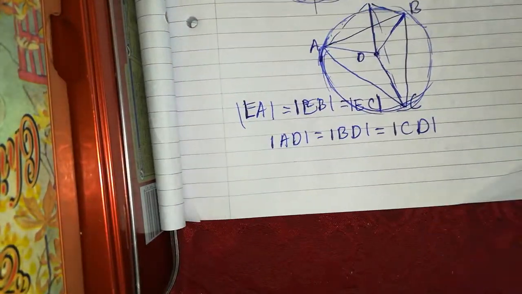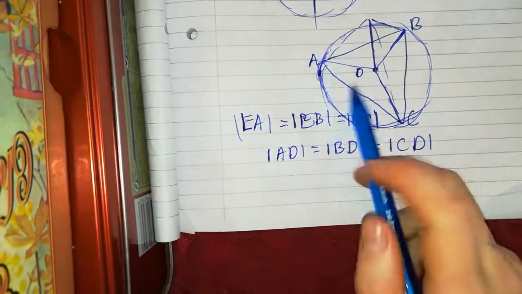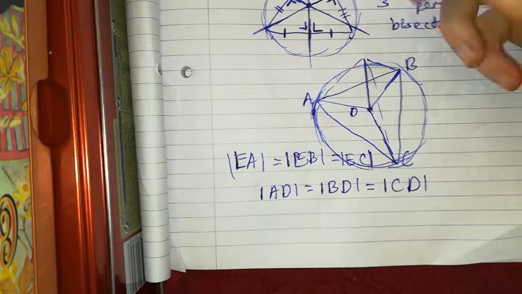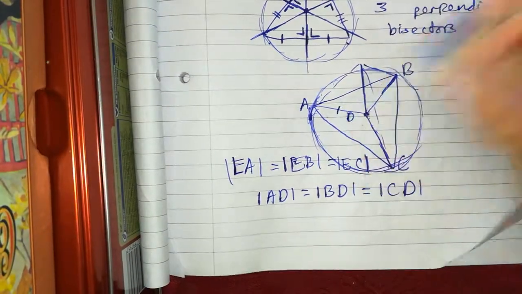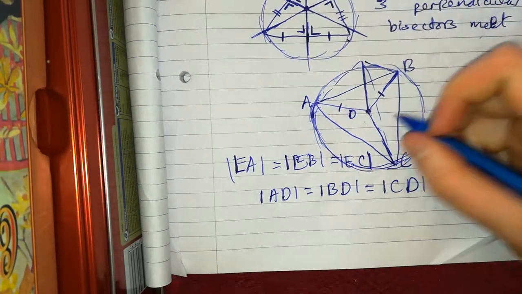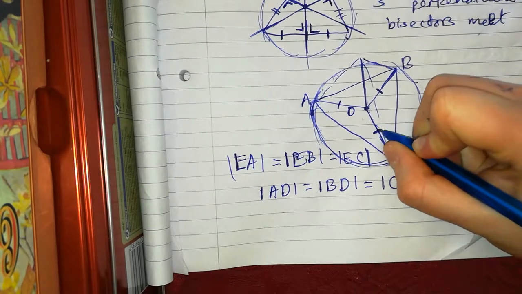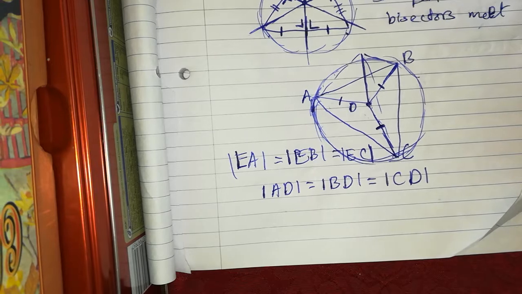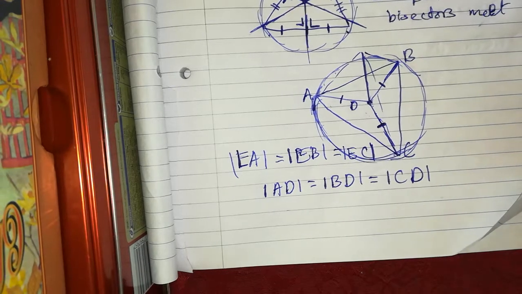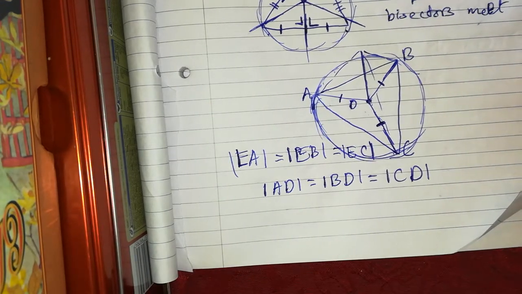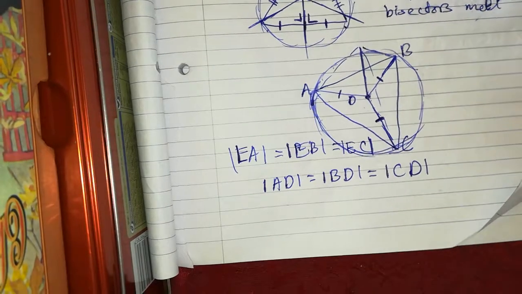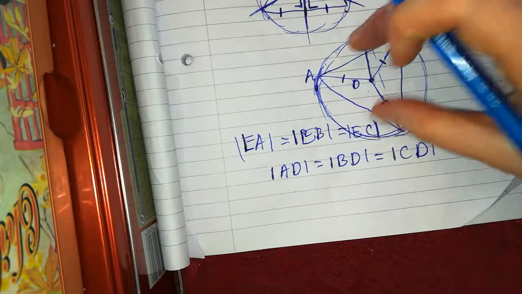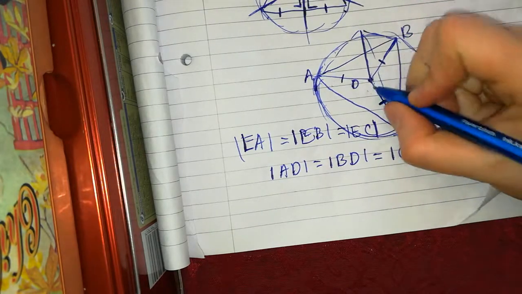So if all these lines are the same, then this is the same as this, is the same as this. We know that much. So consider each of these triangles.